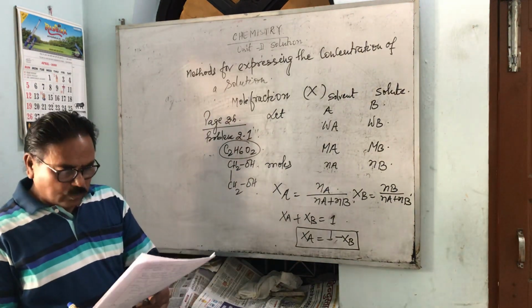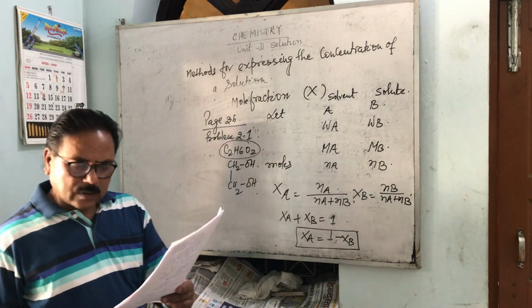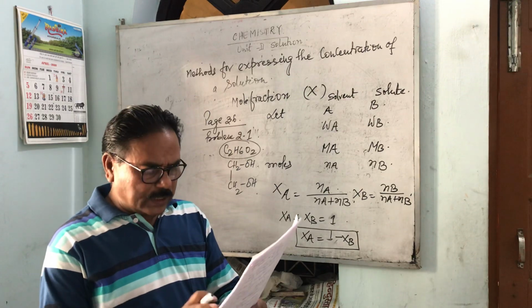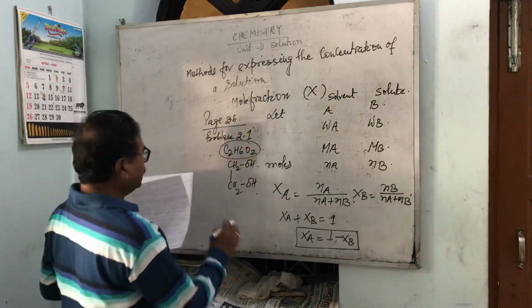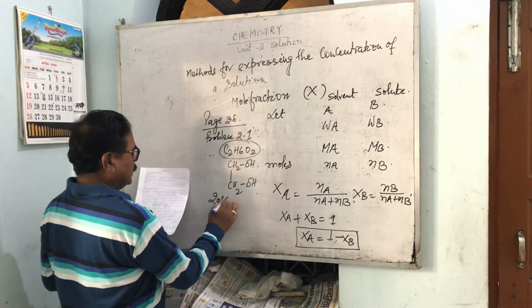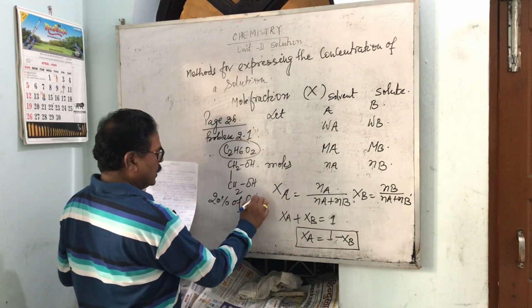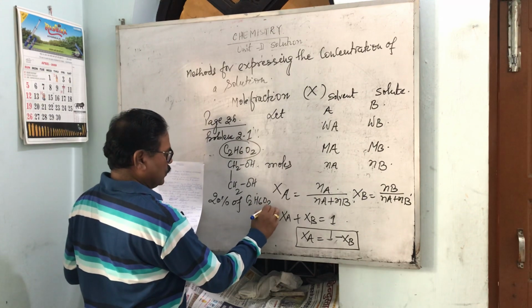So calculate the mole fraction of ethylene glycol in a solution containing 20% of C2H6O2.